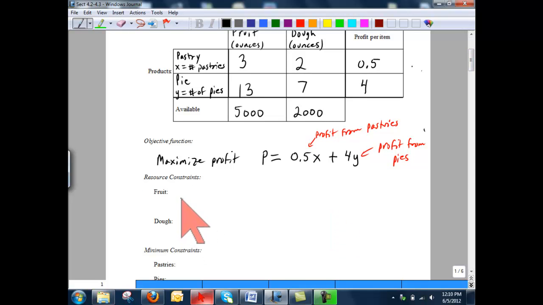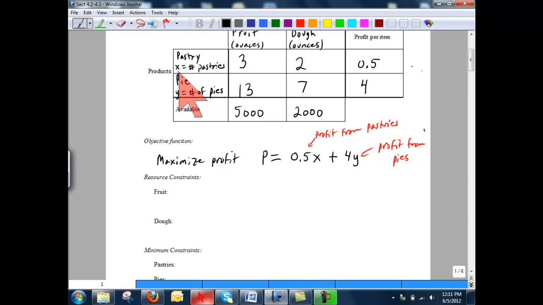I only have a certain amount of fruit available and a certain amount of dough available. Regarding the fruit, first of all, it takes 3 ounces of fruit to make each pastry. And so similar to how we handled the profit, if I make, say, 5 pastries at 3 ounces of fruit per pastry, that's 3 times 5 ounces of fruit that I will use.